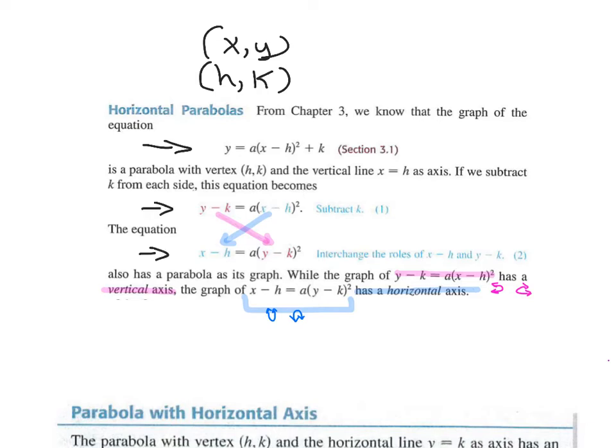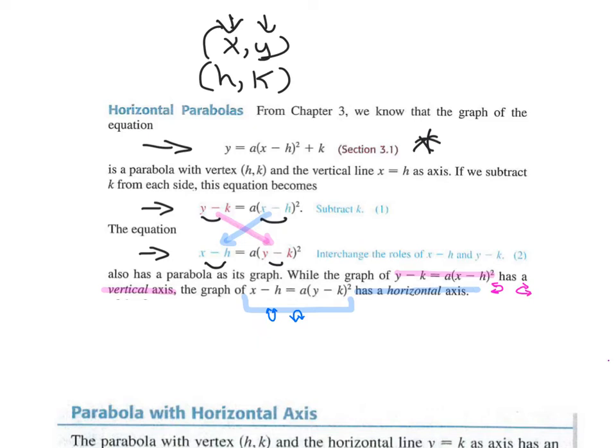We're now going to transform the equation into these two. We're going to manipulate that equation we saw in chapter 3, and you're going to memorize that y minus k equals a times x minus h squared. Notice the x is always with h, and the y is always with k.